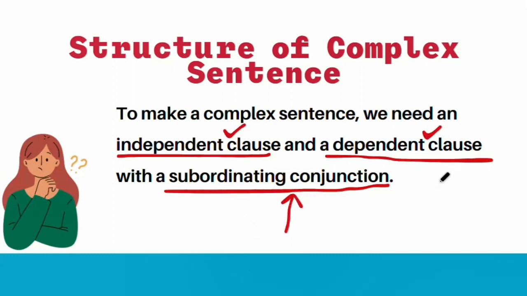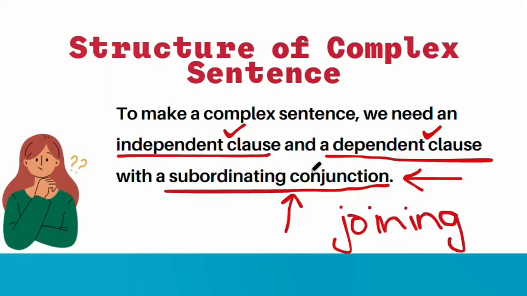Now, if you don't know about subordinating conjunctions, let me tell you that conjunctions are joining words. And before learning compound or complex sentences, you should know what the different types of conjunctions are. If you don't know this, the video around this topic is linked in the description box. Please have a look there after finishing this.